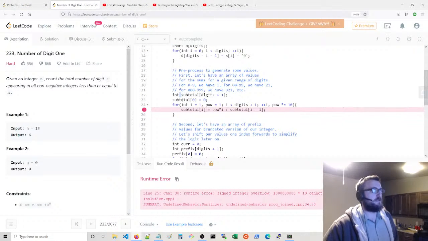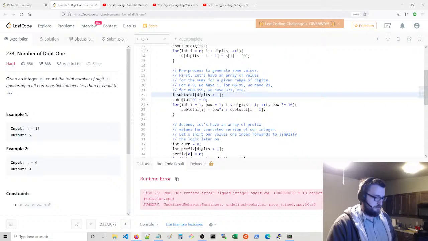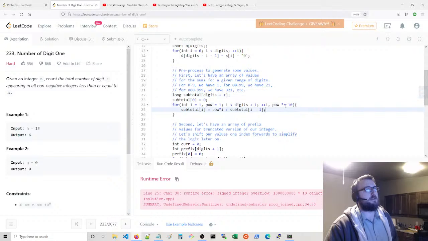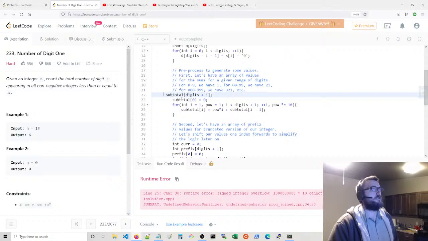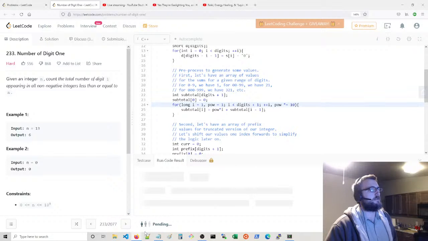So we're going to make this a long. See if that helps at all. It's probably this that's not fitting. I can make these longs, it's fine. That's a subtle thing.